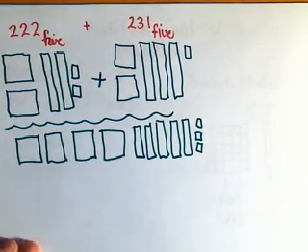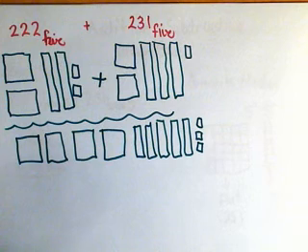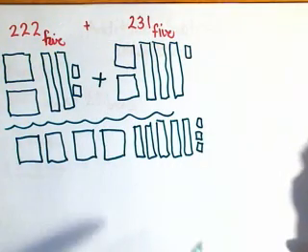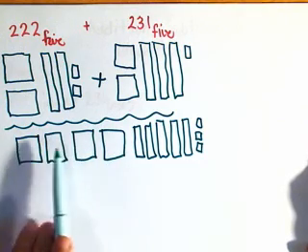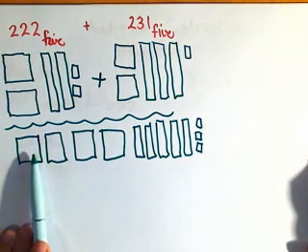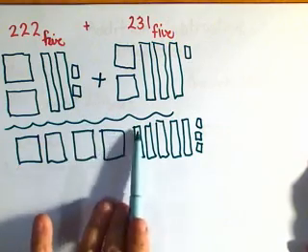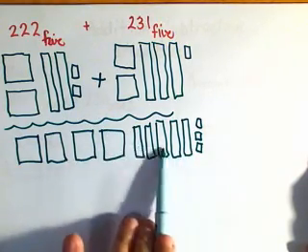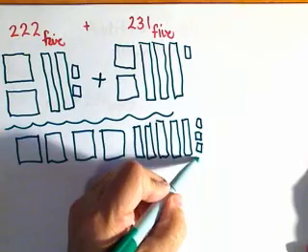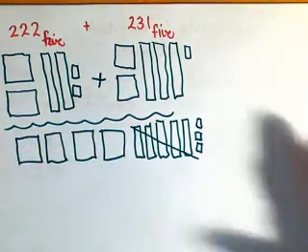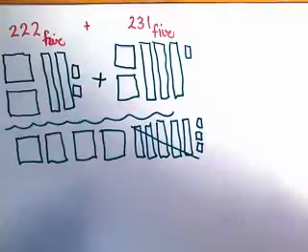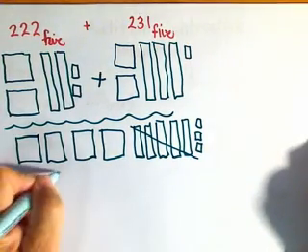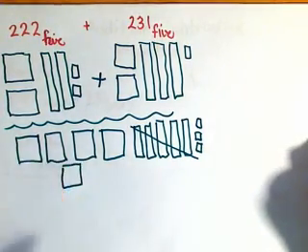Okay, so now if a student has a thorough understanding of base 10 and the whole concept of trading, then we can look at this and say, okay, each of these flats represents 5 by 5, or 5 longs. 1, 2, 3, 4, 5. I have those. So I'm going to trade that long then for a flat.